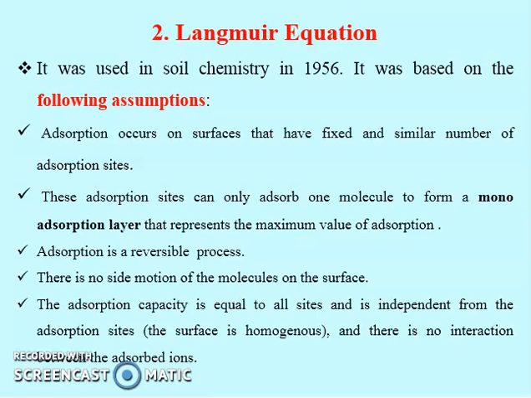The first is adsorption occurs on a surface that has a fixed and similar number of adsorption sites. The second is that each adsorption site can only adsorb one molecule to form a monolayer that represents the maximum value of adsorption, so only one layer.